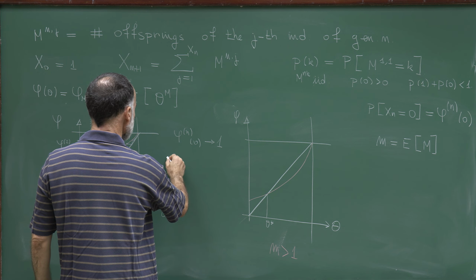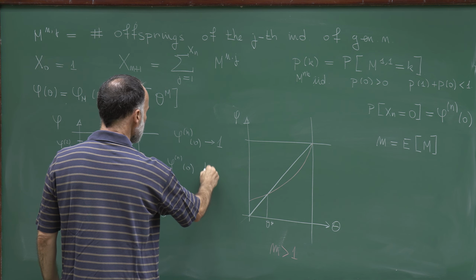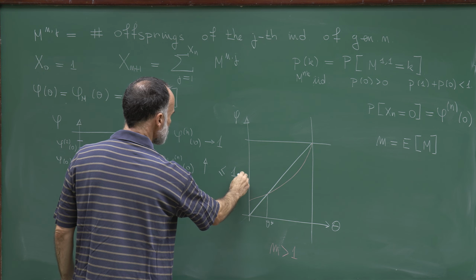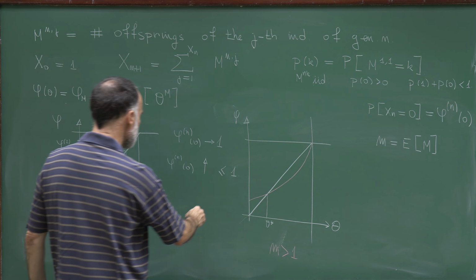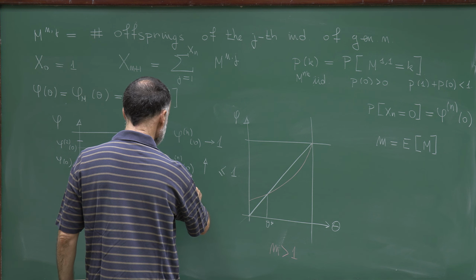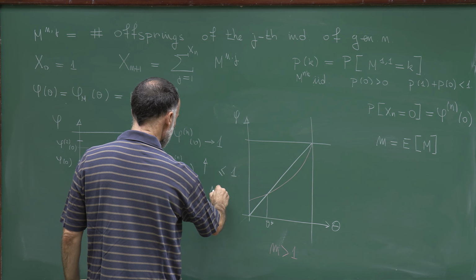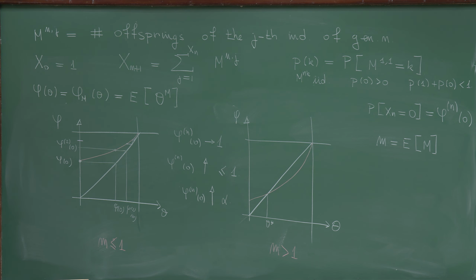This is the claim, and how do you prove that? What you prove is that phi n of 0 is an increasing sequence, and it's bounded by 1. So it has a limit. Call this limit alpha. Now apply phi to both sides.